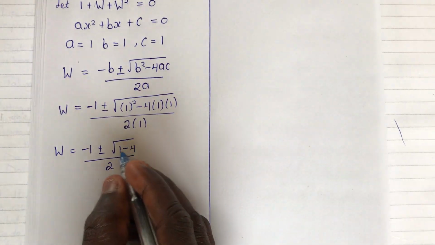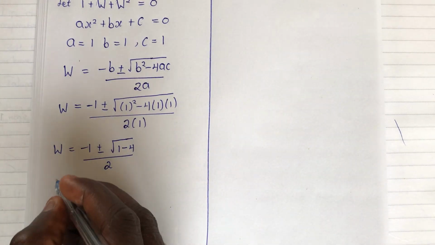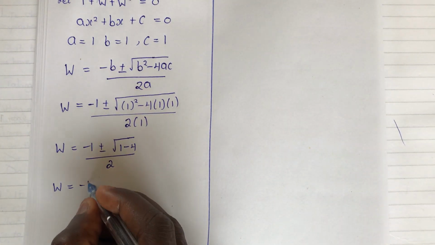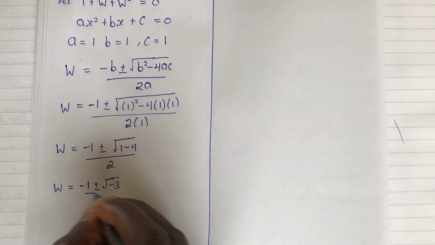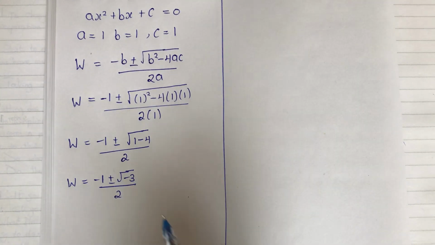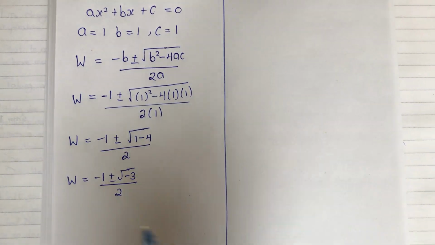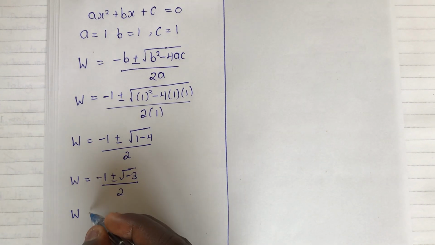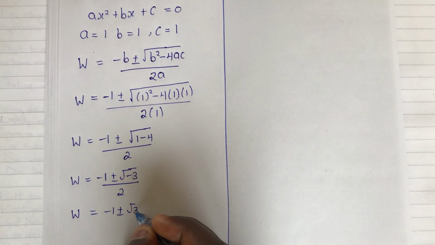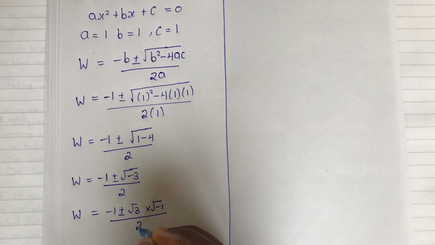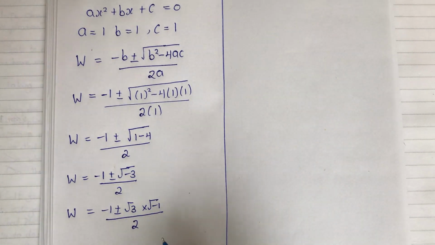Now when we work on that, we have w is equal to -1 plus or minus root of -3, all divided by 2. Root of -3 is the same as root 3 times root -1, all over 2. I'm just doing this to explain.